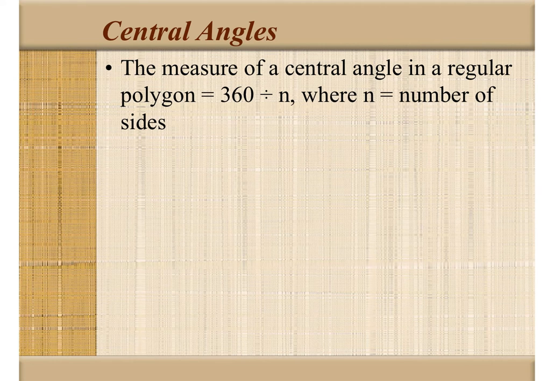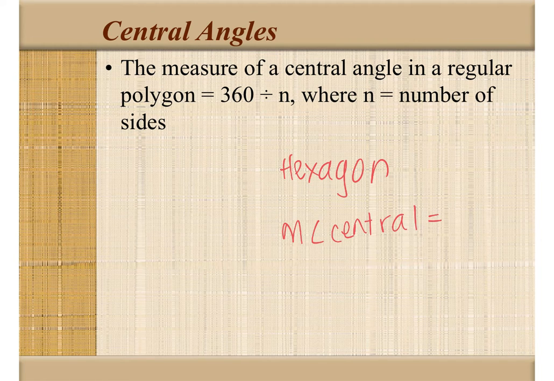All right. Now, one thing that you need to know, for a central angle, you just take the number of sides of your polygon and you divide that into 360. That will tell you the measure of each of your central angles. So let's say in our previous example, we had a hexagon. Write this down. What's the measure of a central angle? 360 divided by 6, because n is equal to 6.